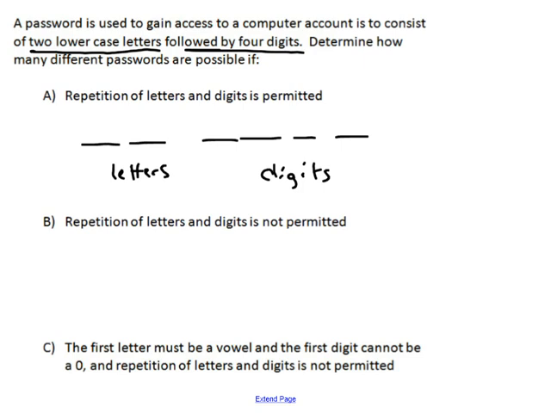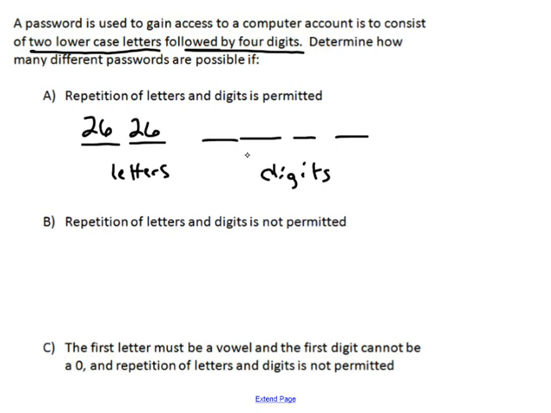Okay. So what we're going to do is say there are 26 letters to choose from. And notice that it also says repetition is permitted. That means that once you choose one of these, you can still choose it again. So we've got 26 and 26.